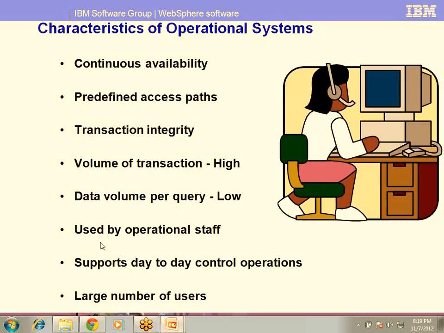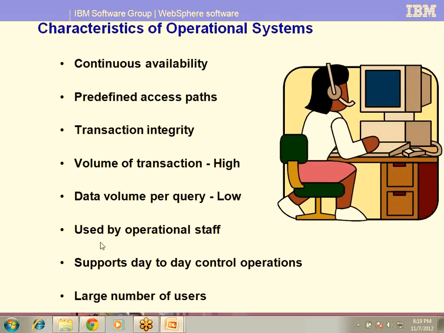No. Generally, the people who execute the operations are call center executives. We can simply call them operational staff. Whoever works as operational staff will use the operational systems data, and will use it to generate reports also.